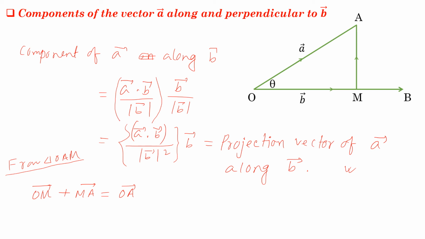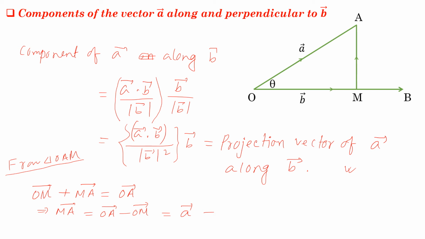Obviously MA bar, it is perpendicular to OB bar. So we have to find MA bar now. MA bar is equal to OA bar minus OM bar, is it not? And OA bar is simply a bar, minus OM bar.